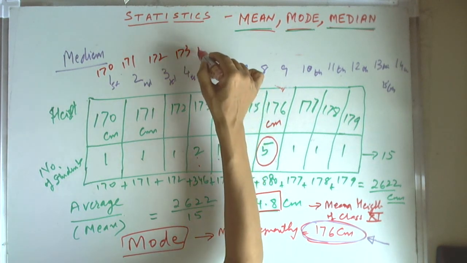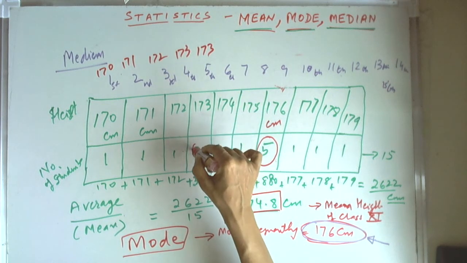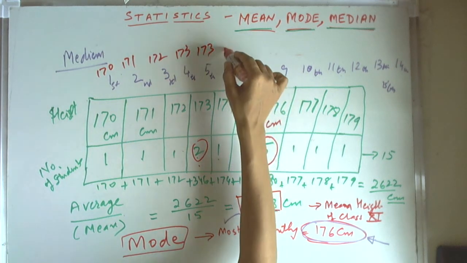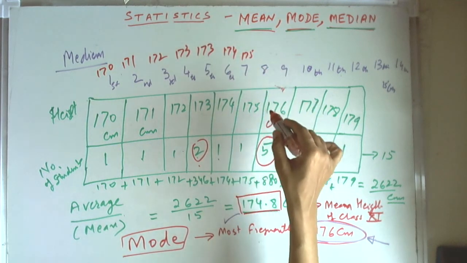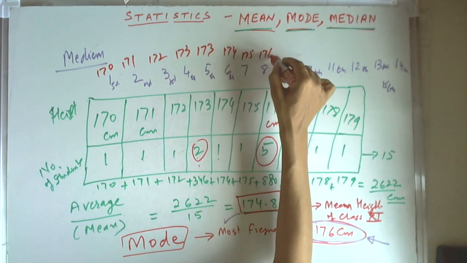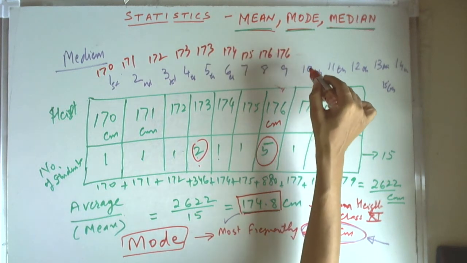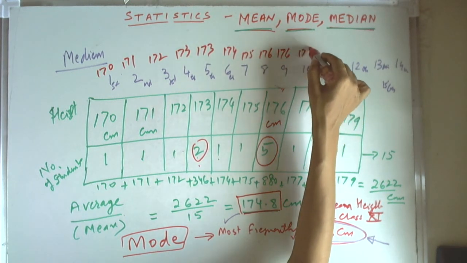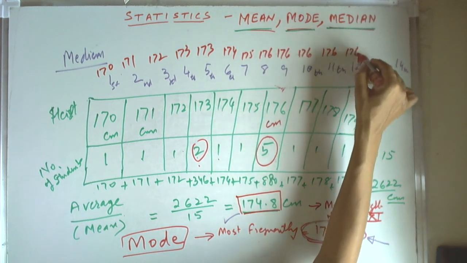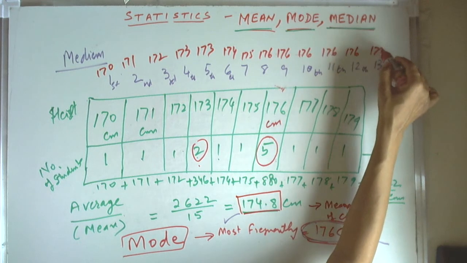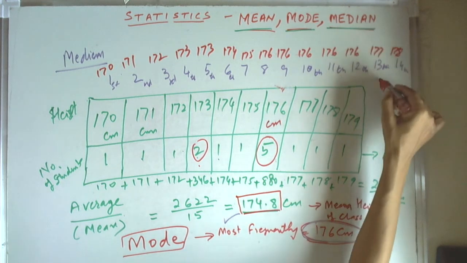Fifth also is 173 because there are two students here. Then sixth is 174, 175. Then eighth is 176. Ninth is also 176. 10th is also 176. 11th is also 176. 12th is also 176. Then it is 177, 178, and 179.